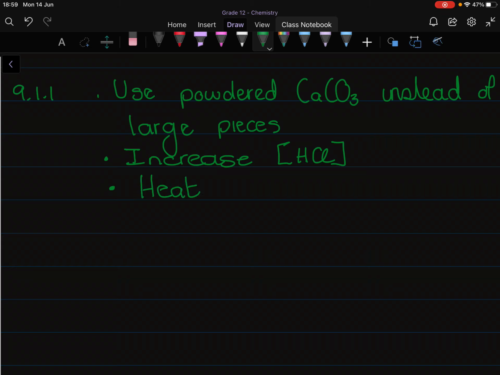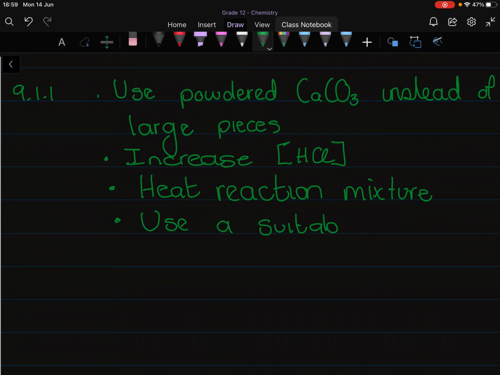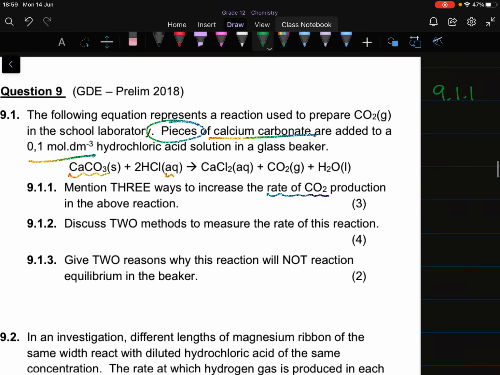We could heat the reaction mixture, increase the temperature. Okay. And of course, they only wanted 3, but there is a 4th one which you could say to me. Use a suitable catalyst. There we go. 4 options, they only needed 3.